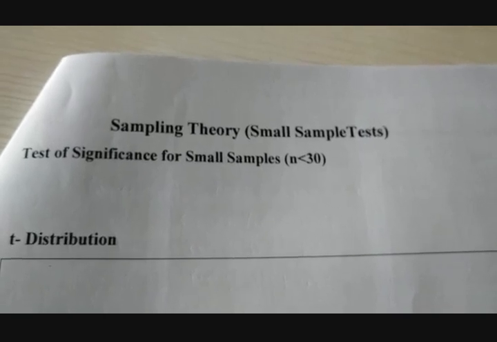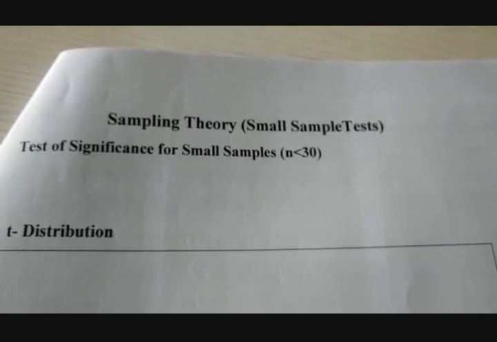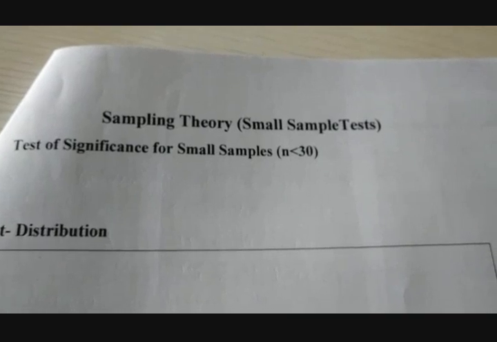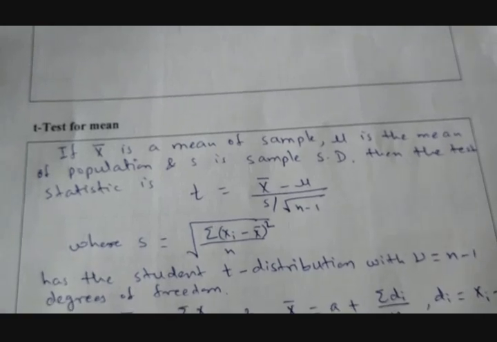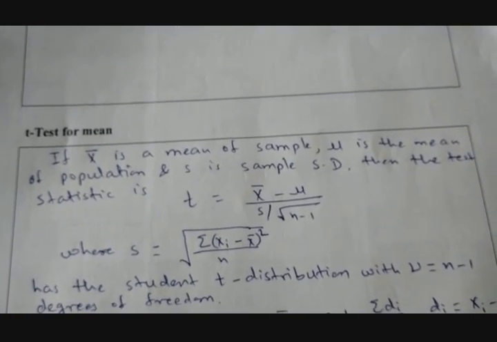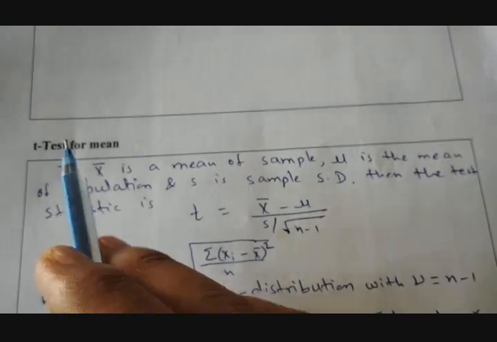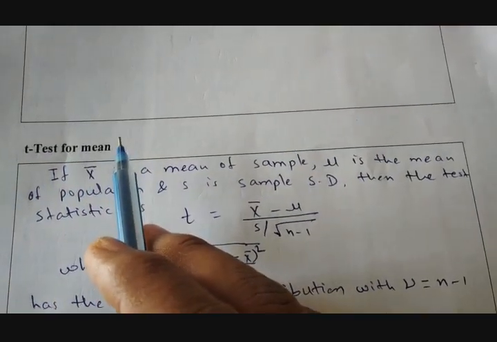We already know that small sample means the size of the sample is less than 30. In small sample tests, our first test is called the t-test for mean.